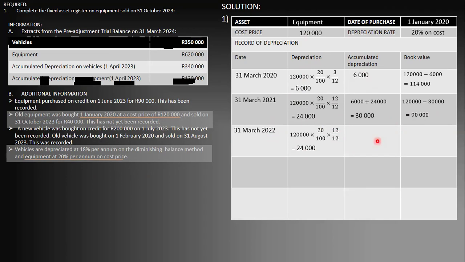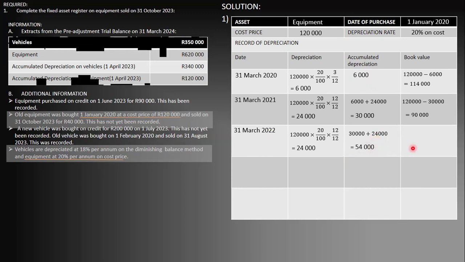And now the new accumulated depreciation for this financial year, we are going to say this amount plus that amount. So each accumulated depreciation will be the accumulated depreciation from the previous year plus the depreciation of this year. We take this 30,000, we add this 24,000, and that will give us 54,000.